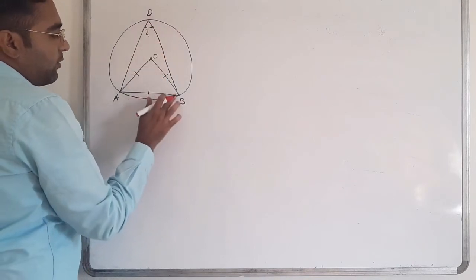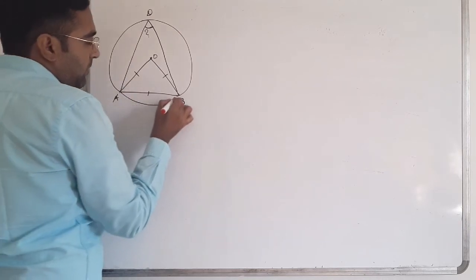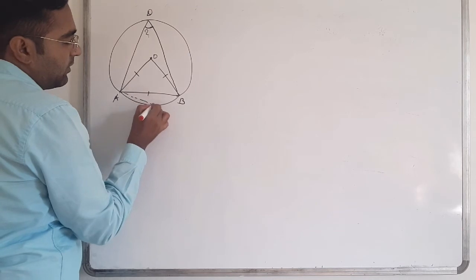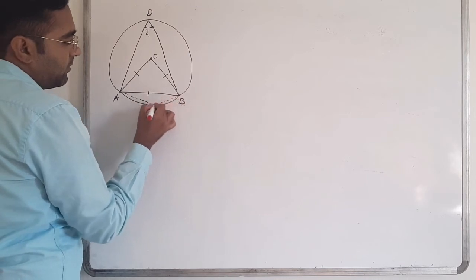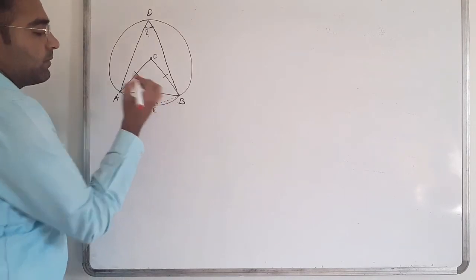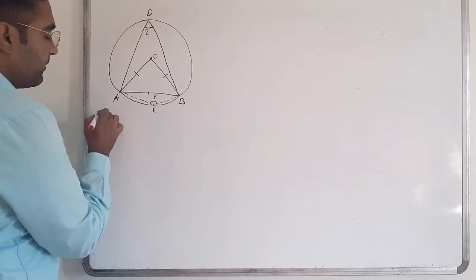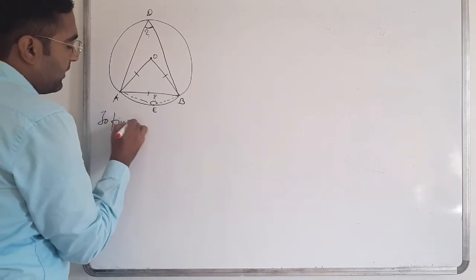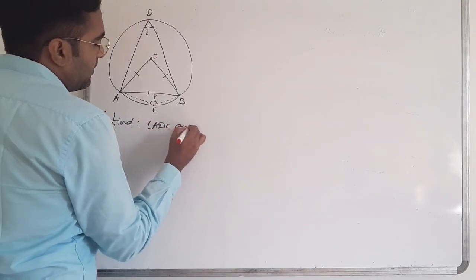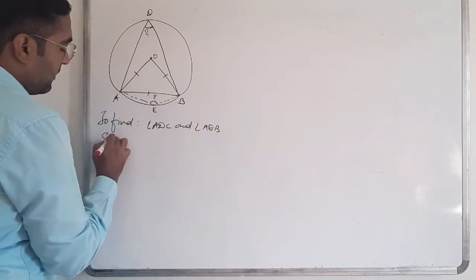After that we also have to find the angle at the minor arc, that means we need to find an angle at this point also. Clear that? So let's start to find. I'll write that we need to find angle ADC and angle AEB. So let's start with the solution.